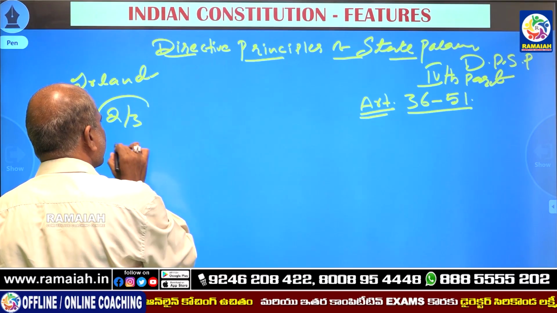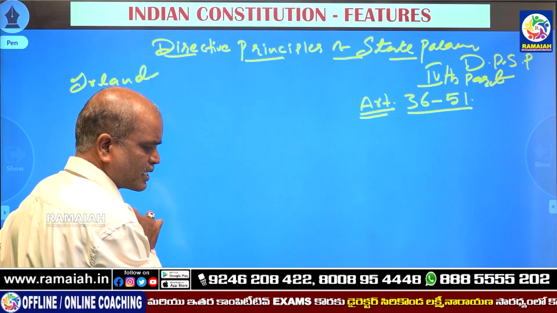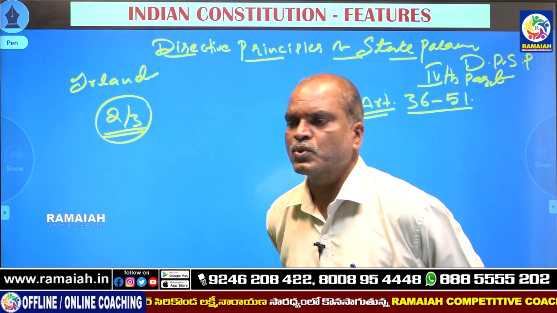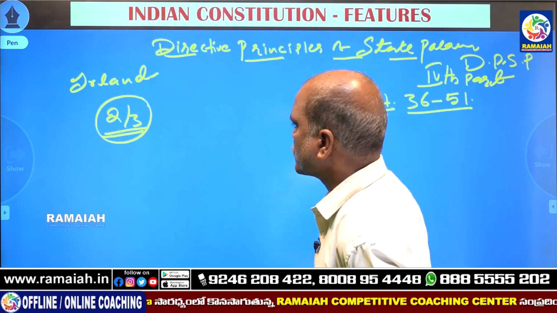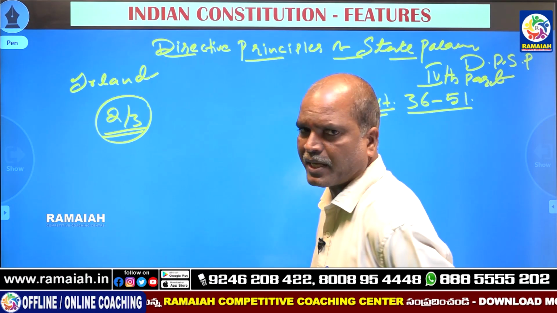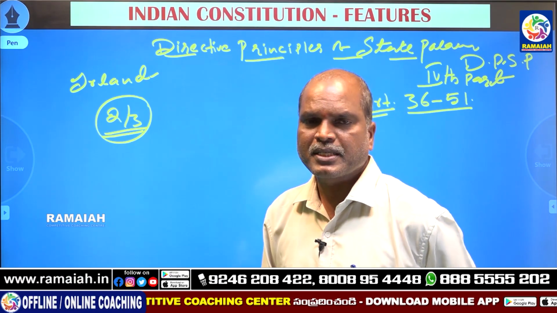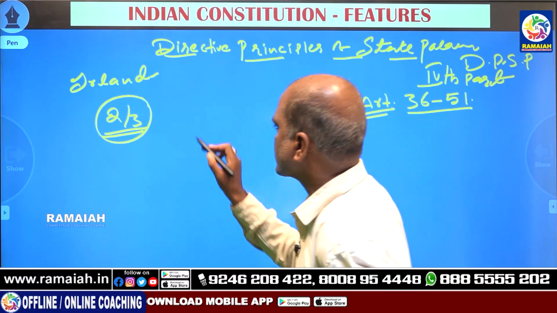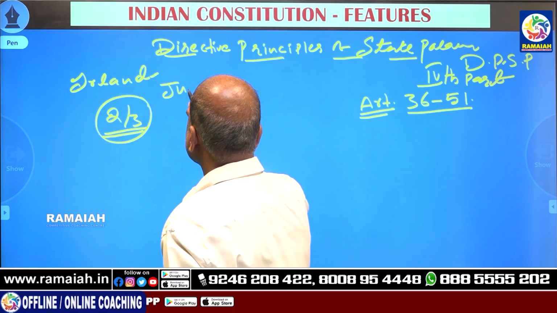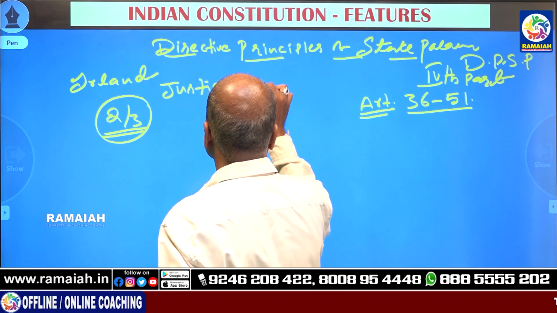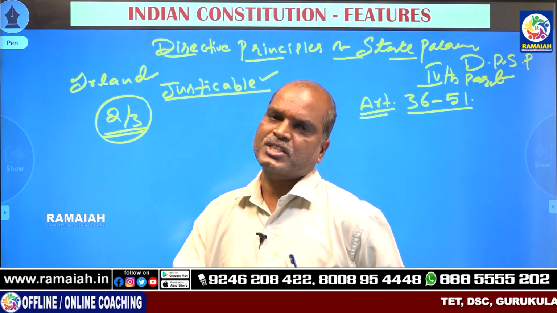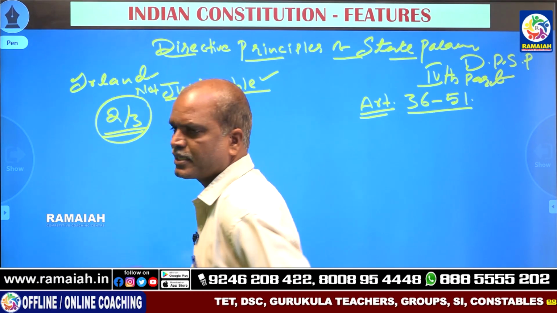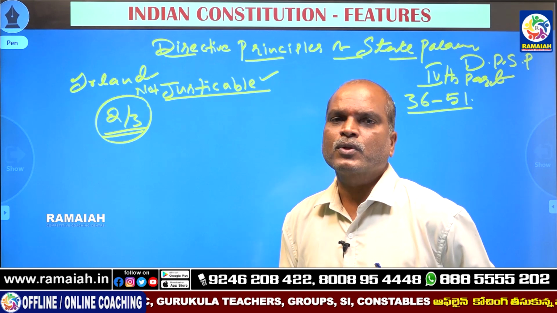Next, directive principles. Parliament can make changes in the directive principles of state policy with a two-third majority. Another point: directive principles of state policy are not justiciable. Fundamental rights are justiciable. Directive principles are not justiciable.